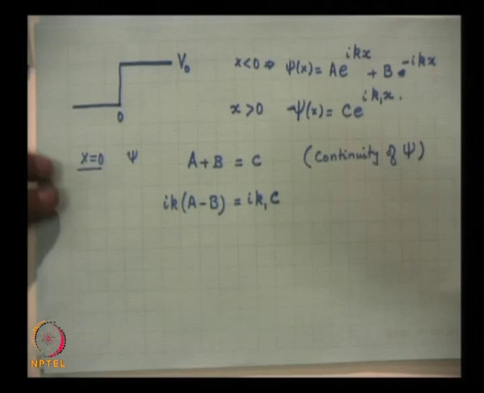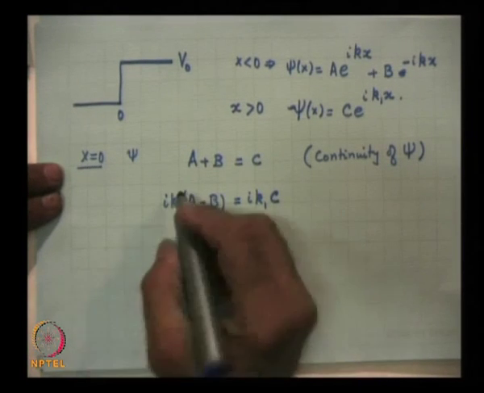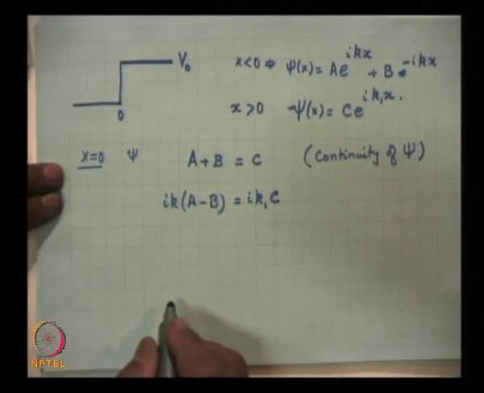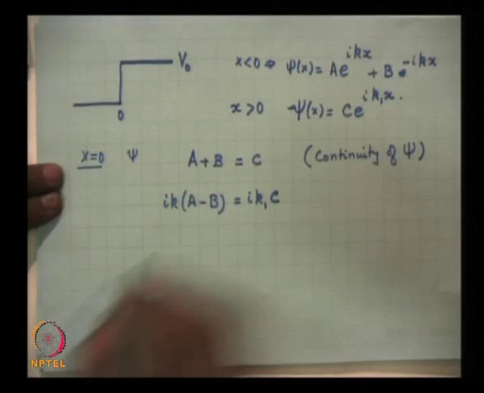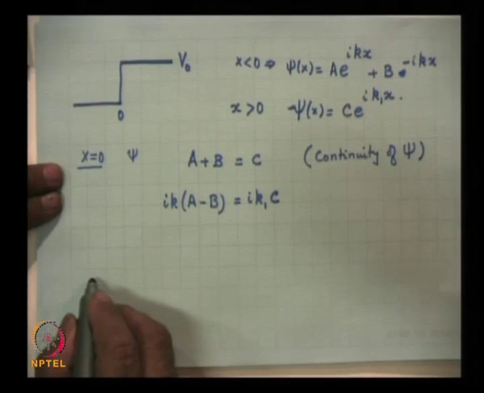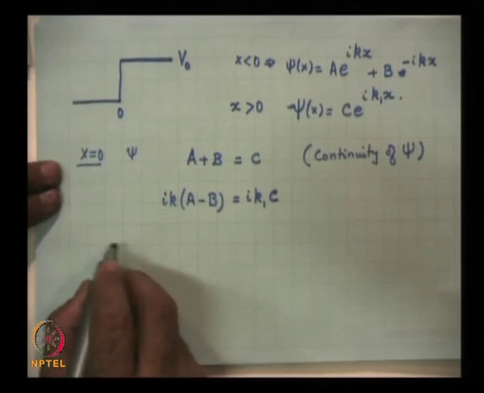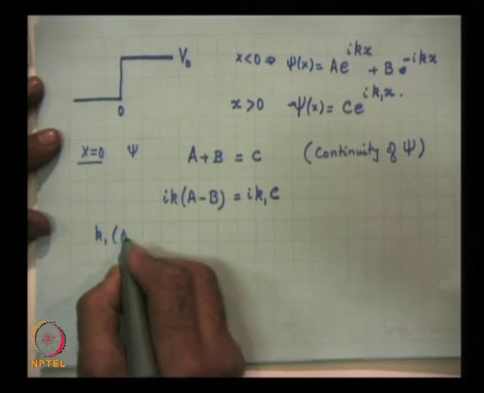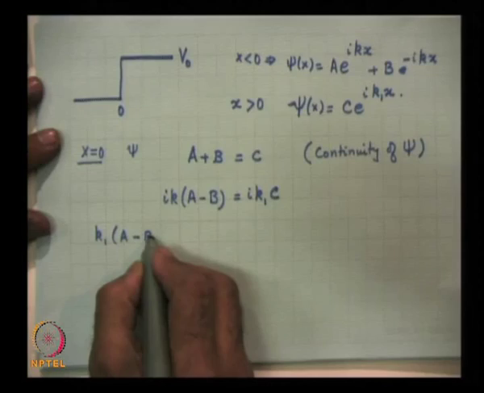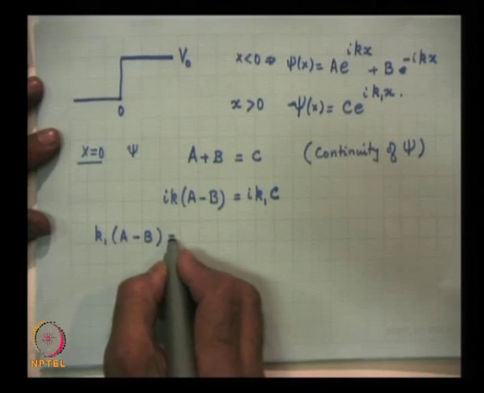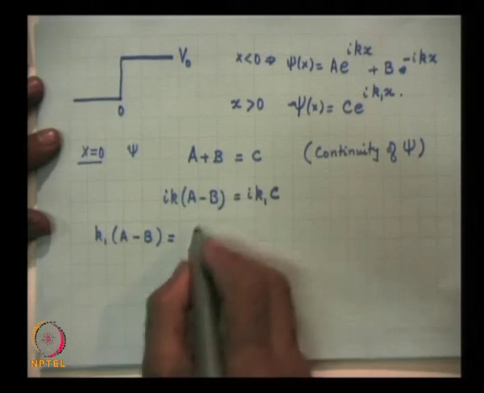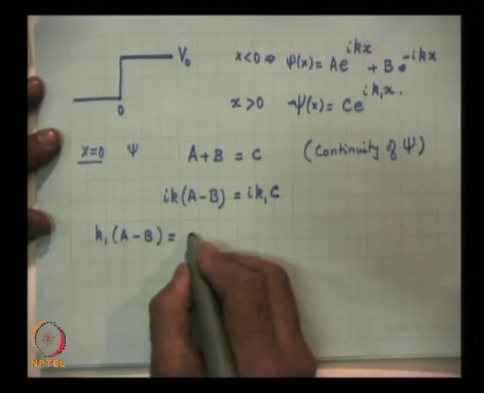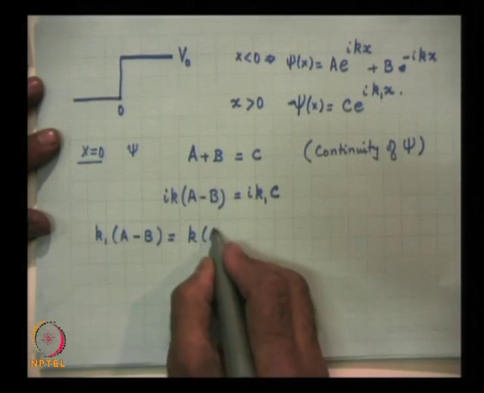The i cancels out. So we multiply the top equation by k1. I will get k1 into a plus b is equal to k1 c, and k1 c is equal to k into a minus b.